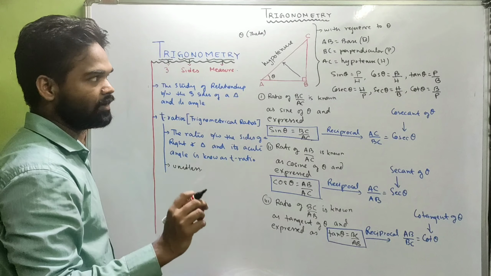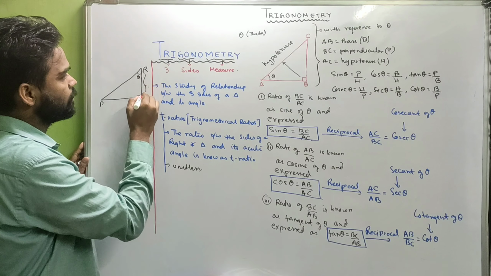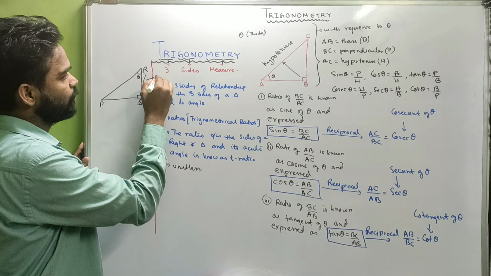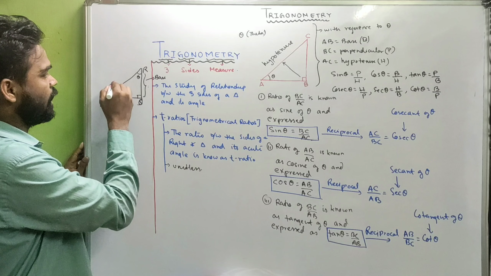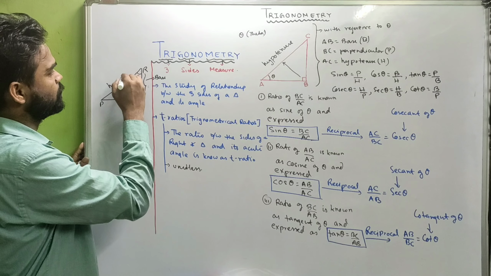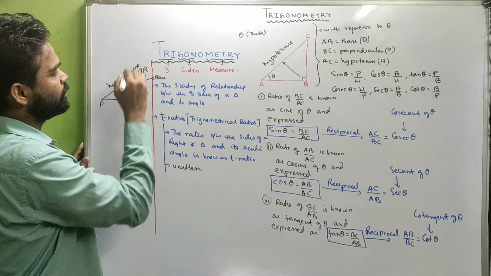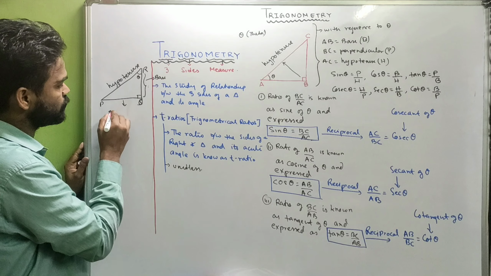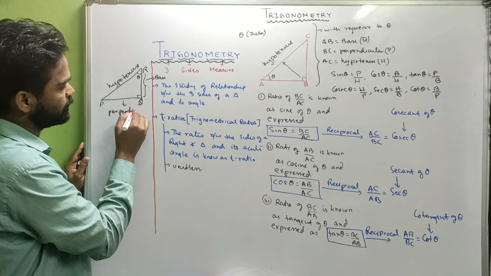For example, take an example. I take a triangle PQR, right angle at Q, and this is my angle theta. Then remember, this becomes your base. Of course, this is the hypotenuse, no doubt in that, and this becomes your perpendicular.